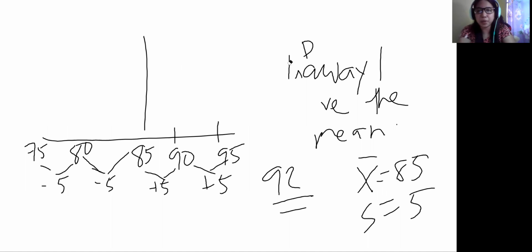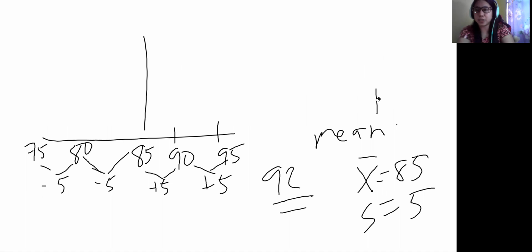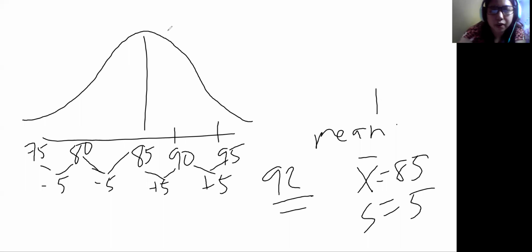Which also means that if we compute the z-score of the mean, if the mean is the same as our x, so it's 85, then the answer is also 0. Let me bring back our curve.